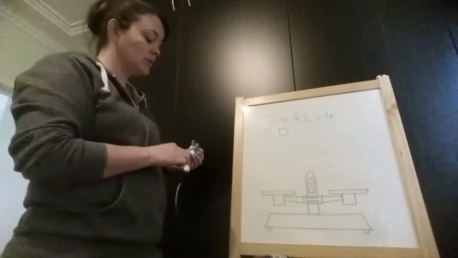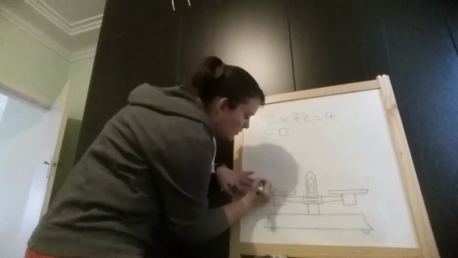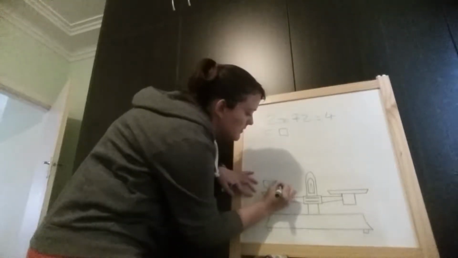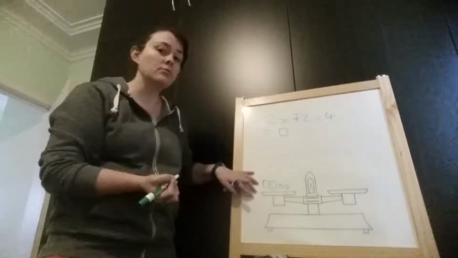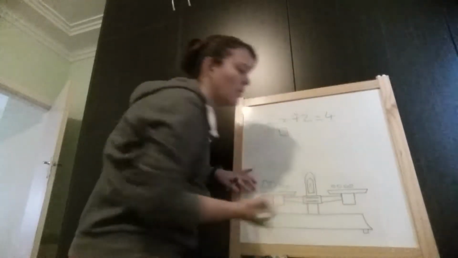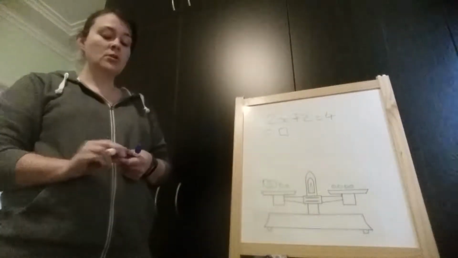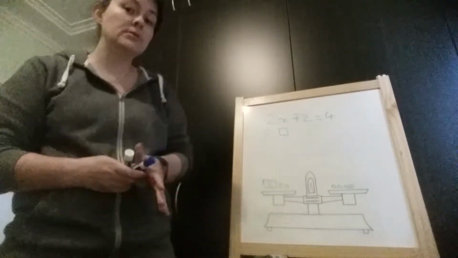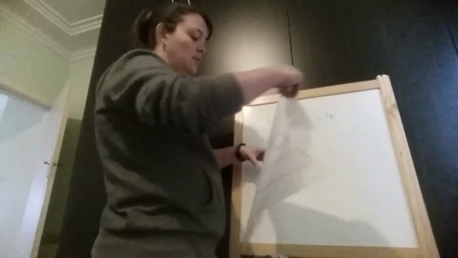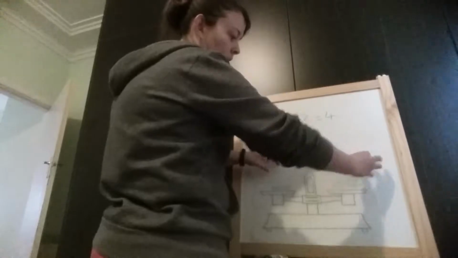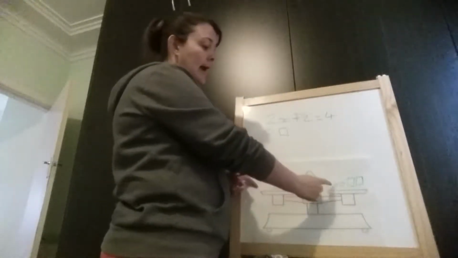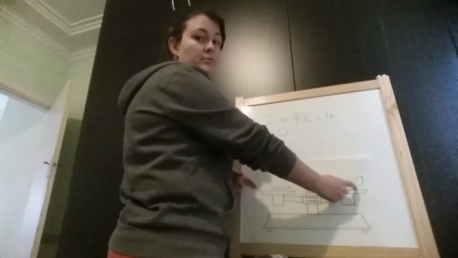So for our equation, we have 2 squares plus 2 circles, and that's going to equal 4 circles. So when we're talking about equivalence and what the equal sign means, if we turn this around, we can see that our 4 now equals our 2 plus our 2 unknowns.